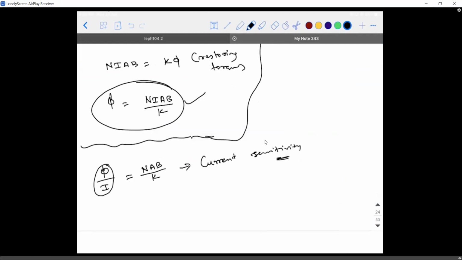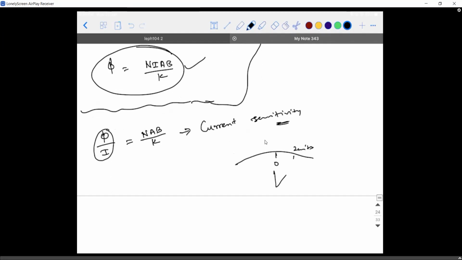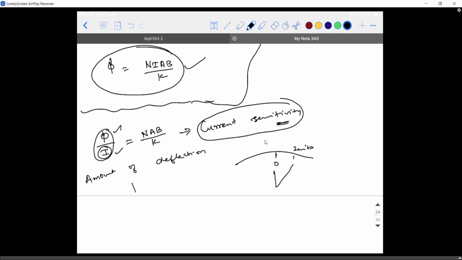Means the amount of deflection, so you're able to see, right? You have 0, let's say 2 units of deflection. So if the pointer is showing 2 units of deflection on passage of 1 ampere of current, then phi divided by I is what is called current sensitivity. So you can define it like this: amount of deflection per unit current is what we call current sensitivity.